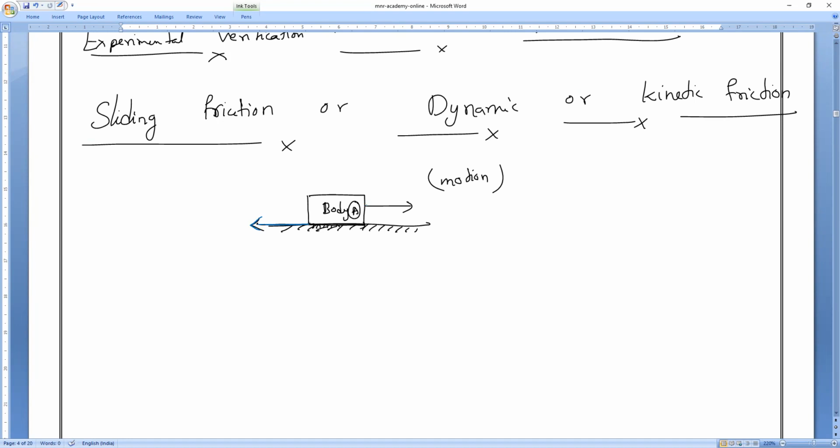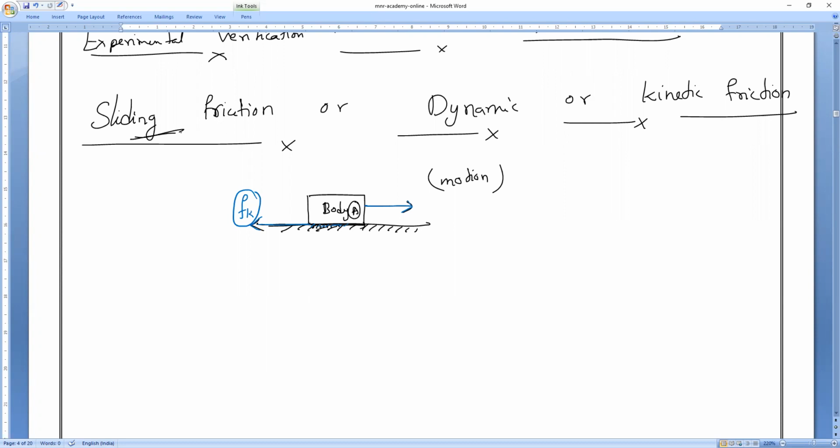So if the body is sliding in this direction, then the frictional force is developed between the surfaces. That frictional force we call kinetic friction, or we can call it FK. FK means kinetic friction. Also we can call it sliding friction.